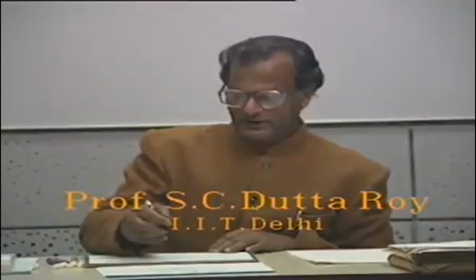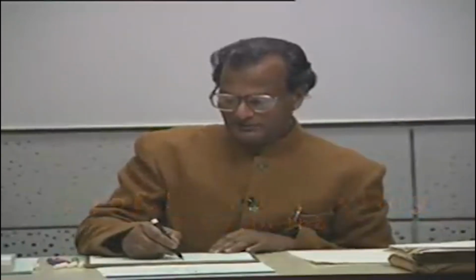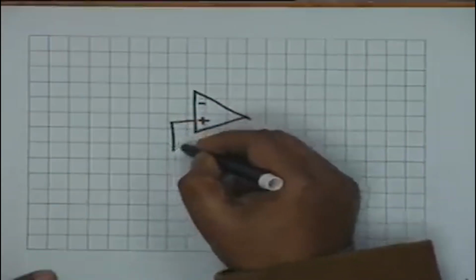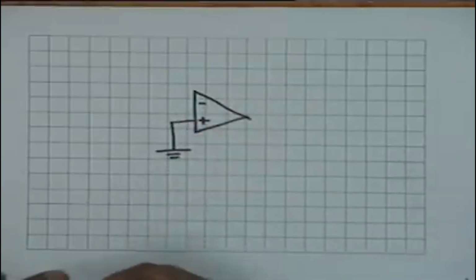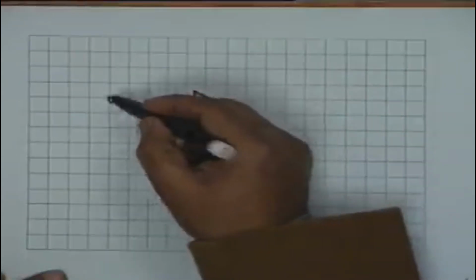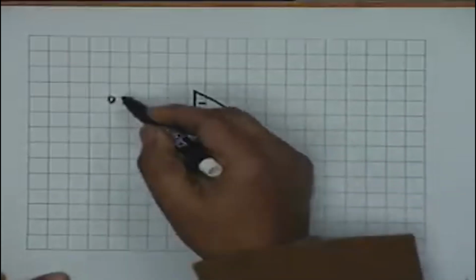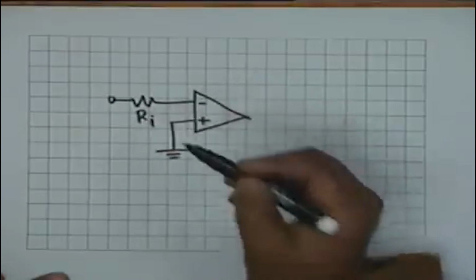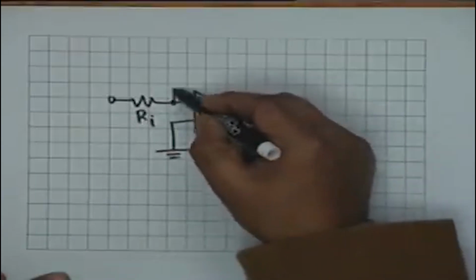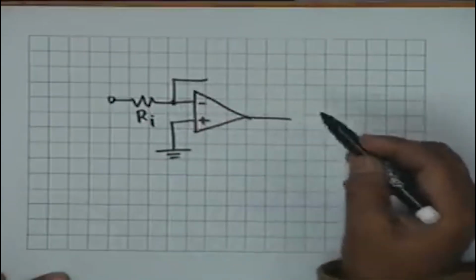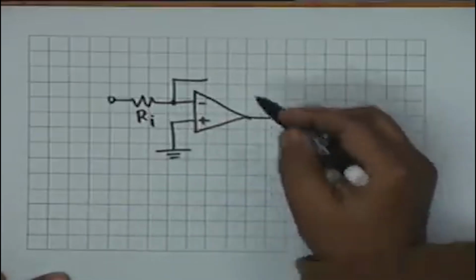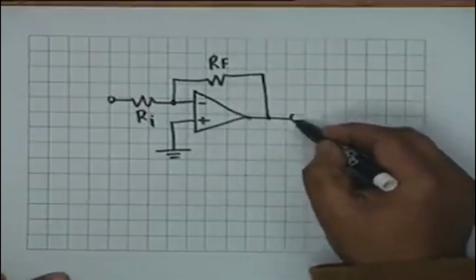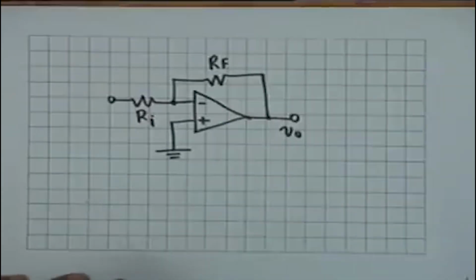With this definition and assumptions about an ideal op-amp, we analyzed a simple amplifying circuit in which the non-inverting terminal is grounded and input is applied to the inverting terminal through a resistance, let us say Ri, and there is feedback, that is, a connection between input and output through another resistance Rf, and this output is V0.